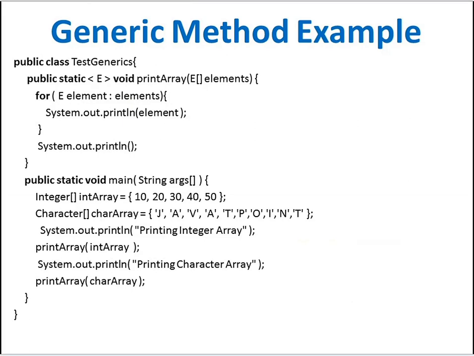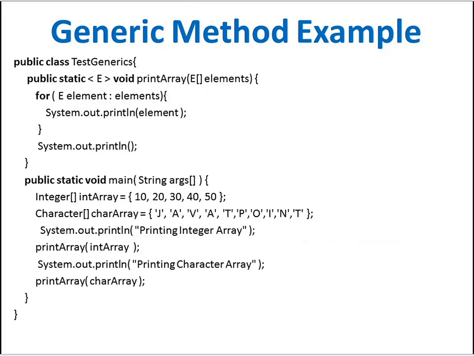Then the main program, public static void main String args, with an integer array 10 20 30 40 50 and a character array J A V A T P O I N T. System.out.println printing integer array. It will print 10 20 30 40 and 50 using printArray.